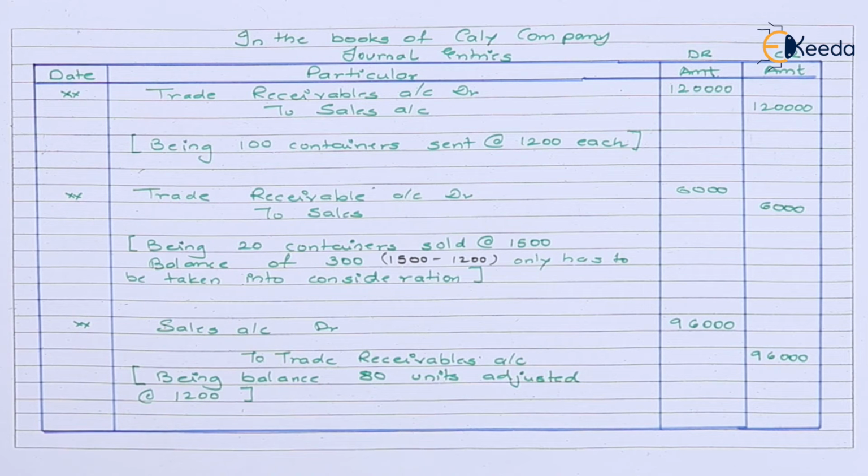Now let's pass a similar entry to understand the value of the goods lying with the customer according to our price, which will be at 900, because the cost price is 900 ideally. However, it has been sent out at 1200. So whichever is lower has to be taken for those 80 units. So let's make that journal entry now.